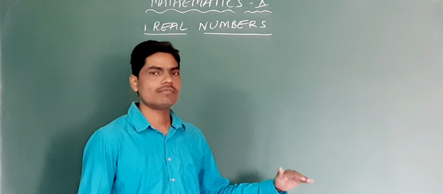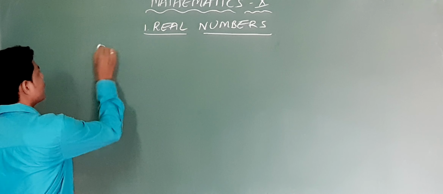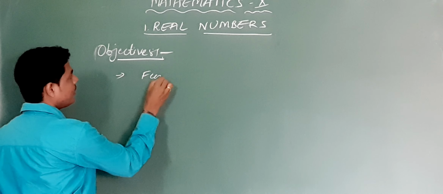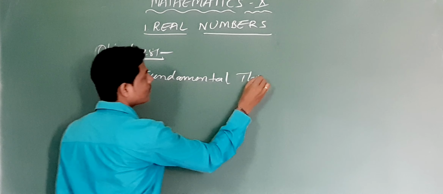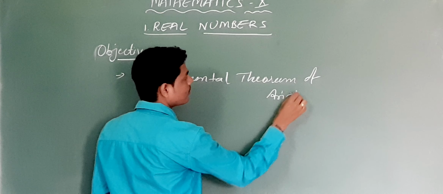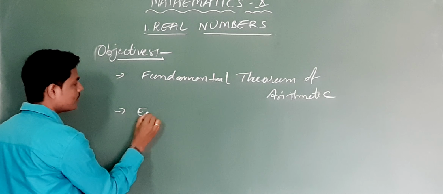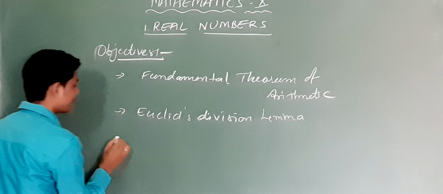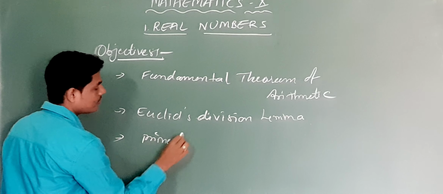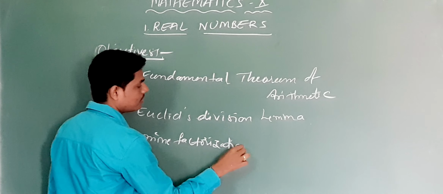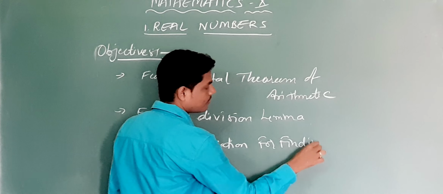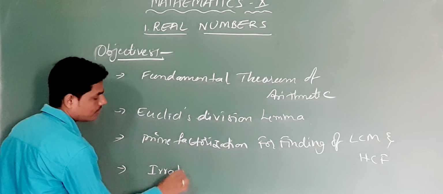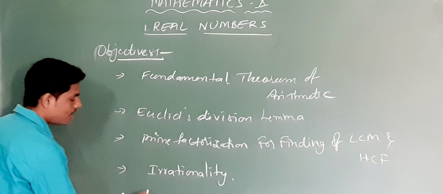From this chapter, the learning objectives are fundamental theorem of arithmetic, Euclid division lemma, prime factorization, the finding of LCM and HCF, irrationality, logarithms.